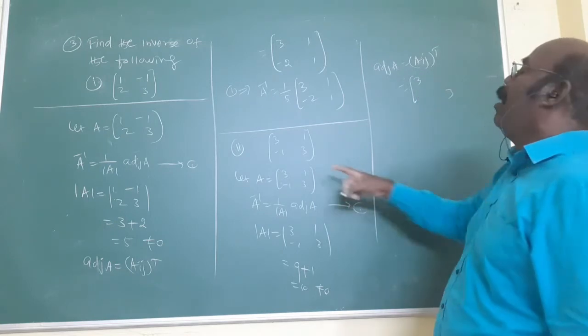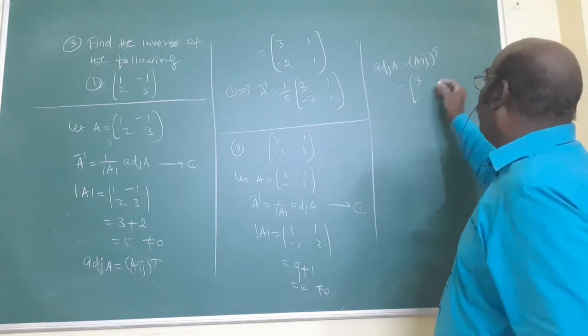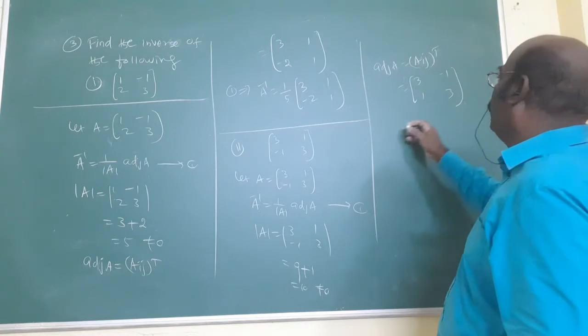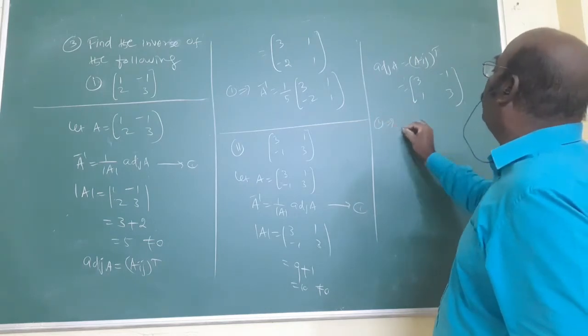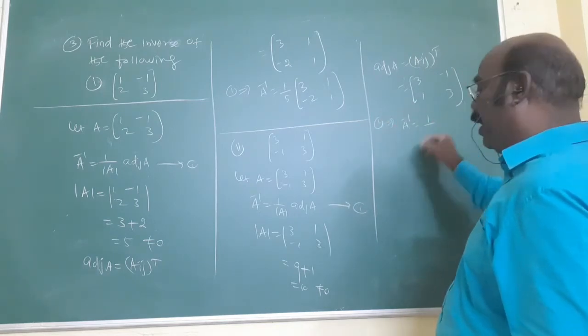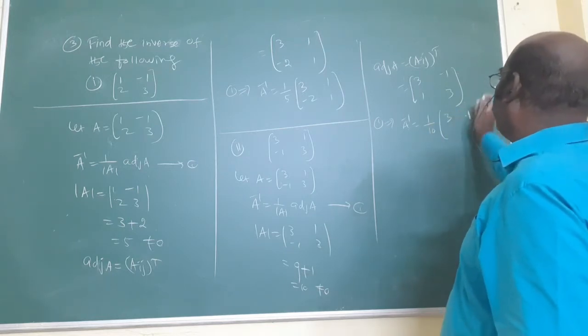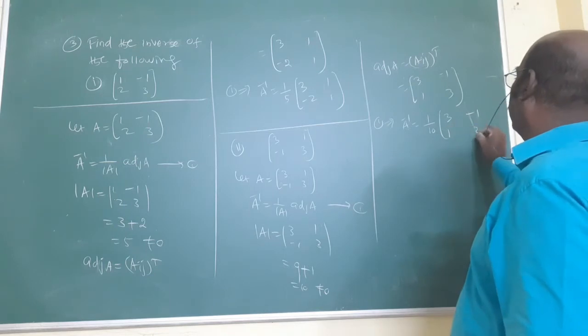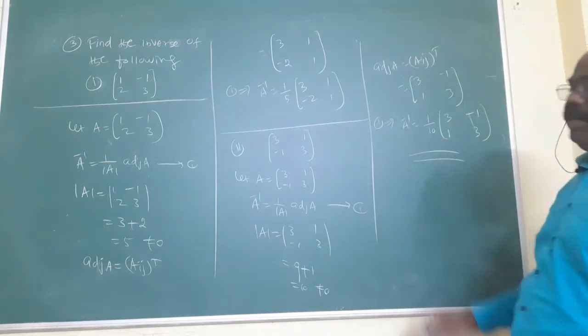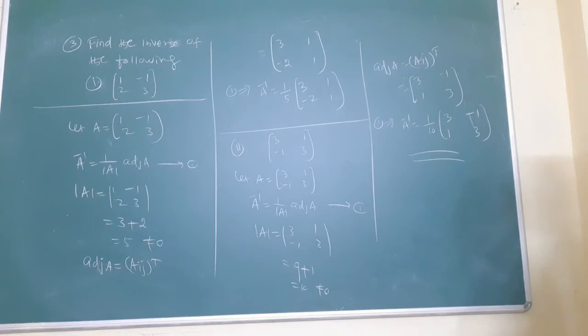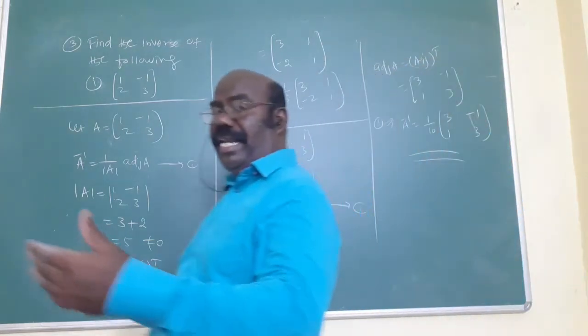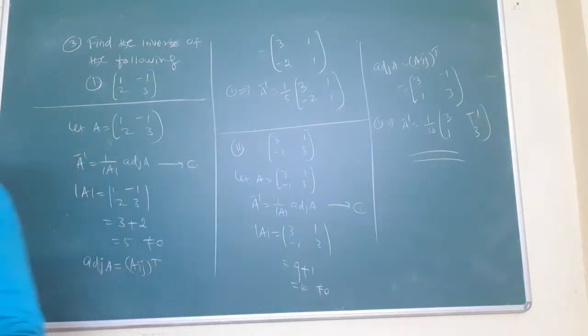But for the next, 1 minus 1 is wrong. Here minus 1, here plus 1. Therefore, A inverse equals 1 by 10 into adjoint. This is the answer. That's all. With 2 cross 2 matrices it is a simple concept. With 3 cross 3 matrices it means lengthy calculation.